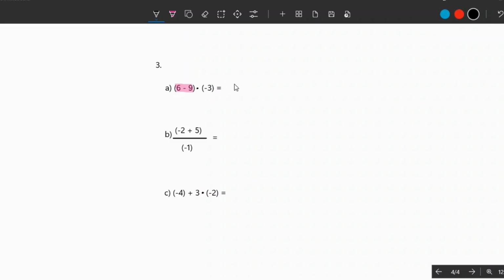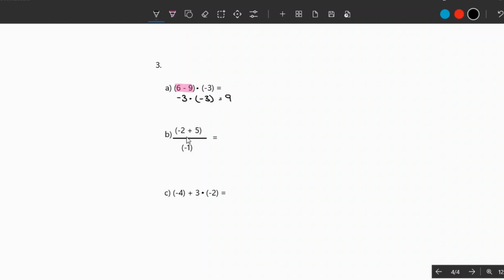That will give us a negative number, so that will equal negative 3. And then we multiply it by negative 3. Two negative numbers multiplied with each other will always give us a positive answer. So 3 multiplied by 3 equals 9. So the answer should be 9.